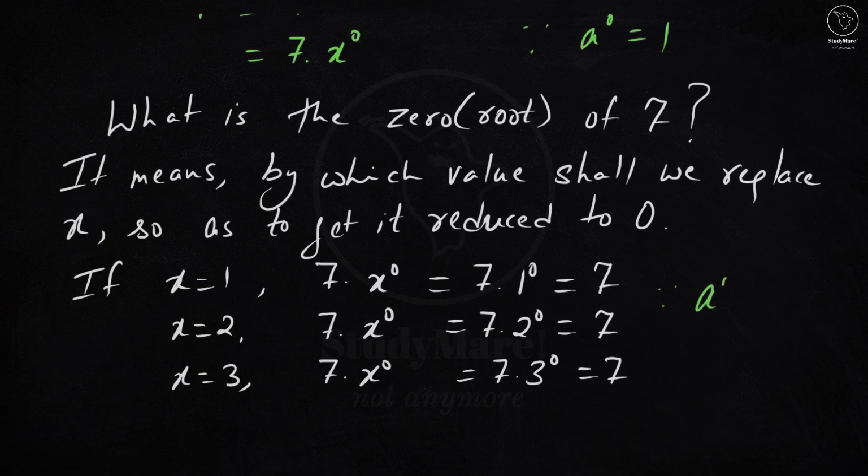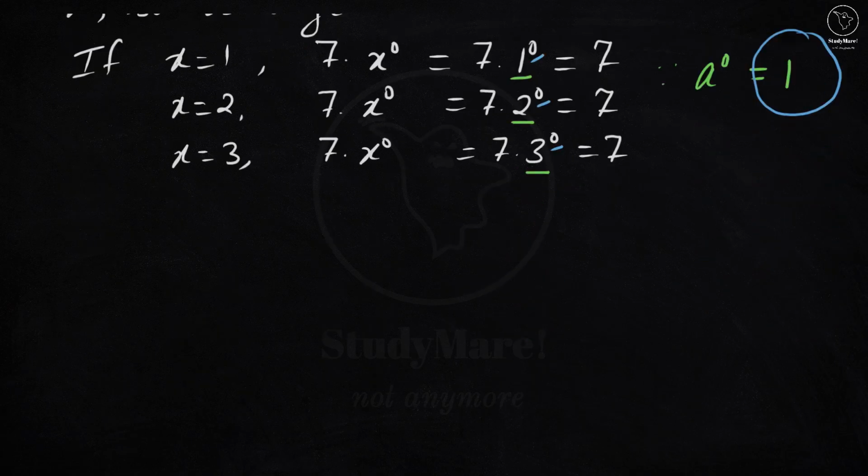Since a to the power 0 is equal to 1, whether we write 1 to the power 0, 2 to the power 0, 3 to the power 0, all the values are 1, and 1 multiplied by 7, we get 7. So, the result in this case is not dependent on the value of x. So, we are not getting 0.